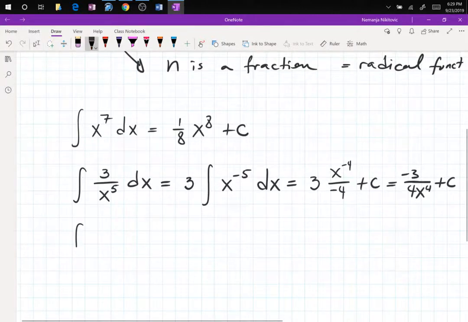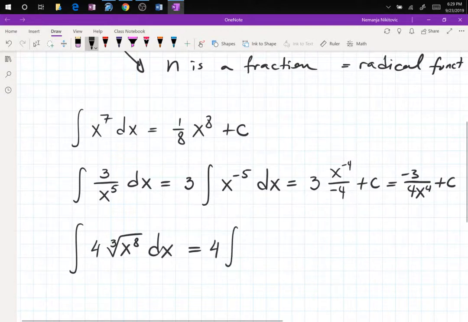And finally, let's say you have the integral of 4 cube root of x to the 8 dx. Well, in this case, again, you can kick 4 outside, and you can write x to the 8/3 dx. And now we use the same formula again to solve the problem where we add 1.